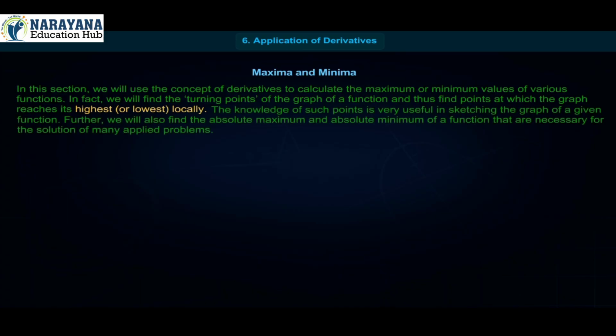The knowledge of such points is very useful in sketching the graph of a given function. Further, we will also find the absolute maximum and absolute minimum of a function that are necessary for the solution of many applied problems. Let us consider the following problems that arise in day-to-day life.